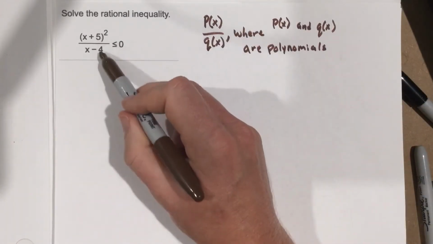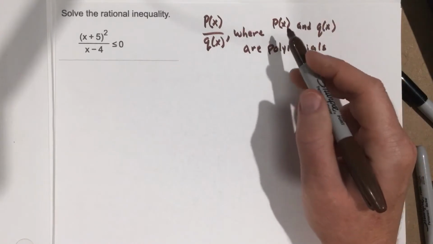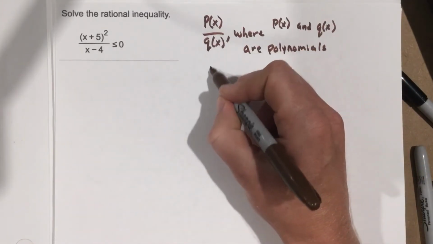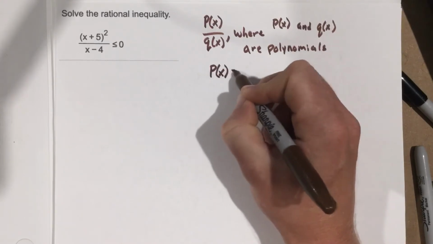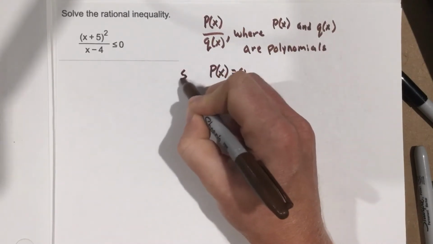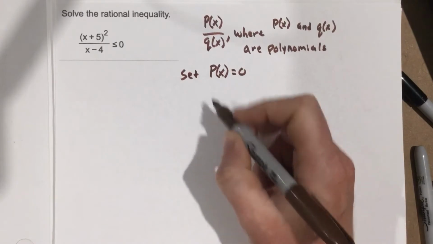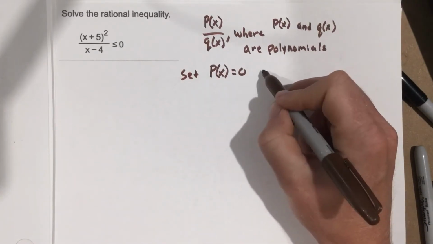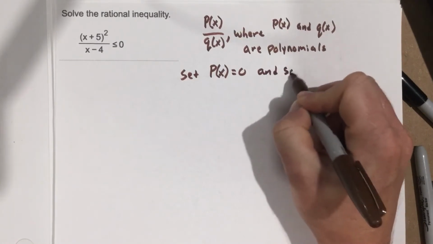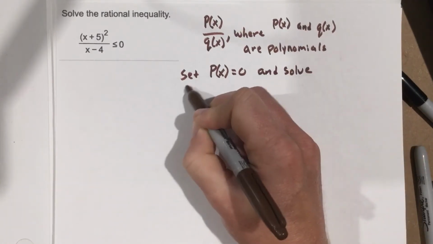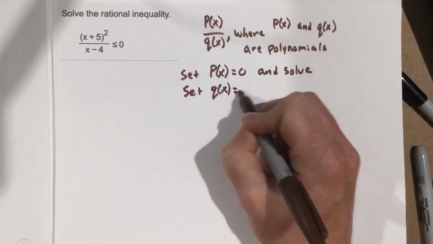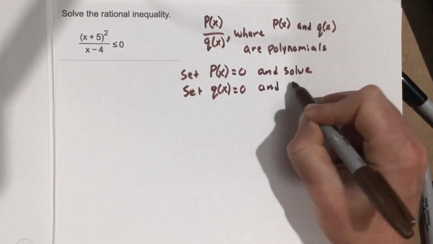Because they're both polynomials, we can actually take the numerator, set it equal to 0. So we can say p of x equal to 0. Set p of x equal to 0 and solve. And then we can also do the same thing with the denominator, set q of x equal to 0 and solve.